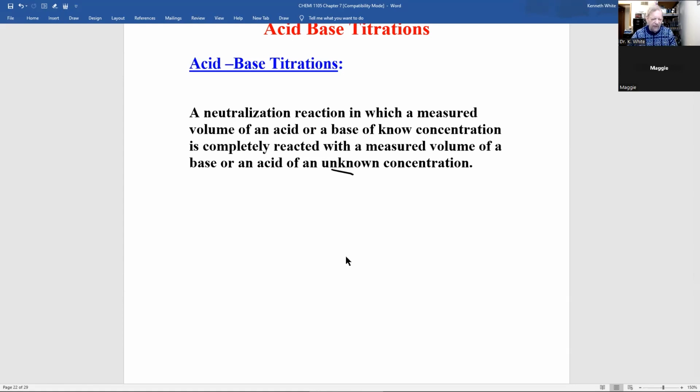Now, let's talk about an acid-base reaction. We have an acid and a base. They'll react to form this salt.